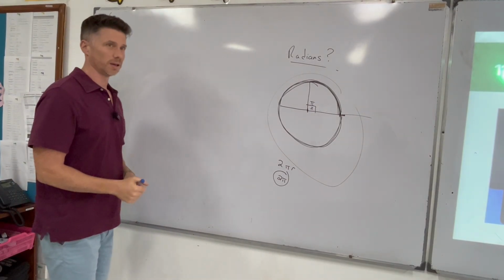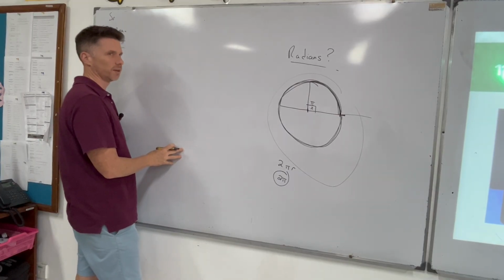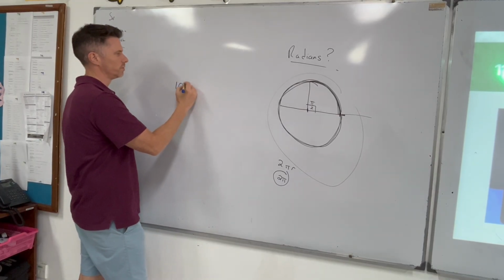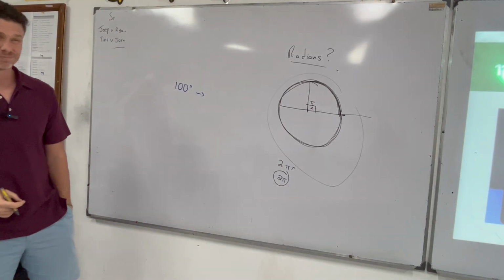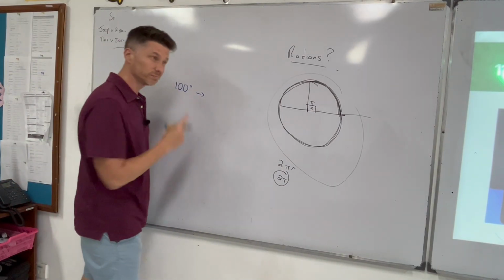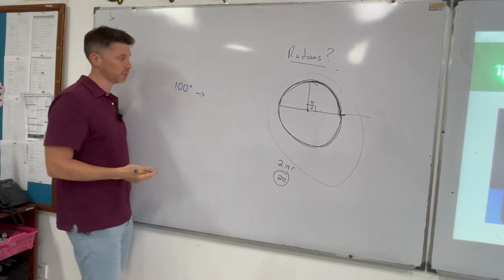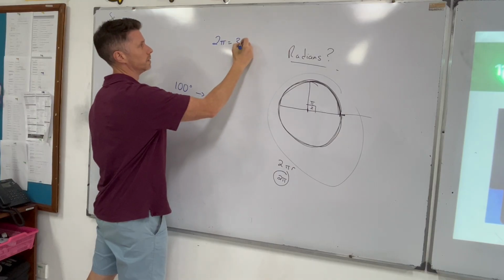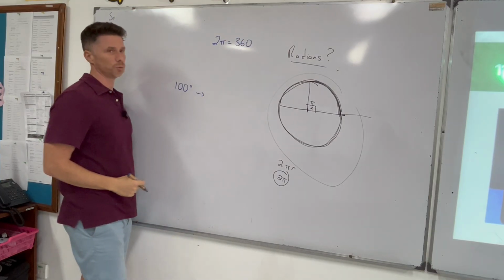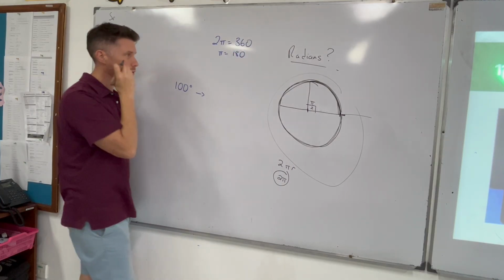If I have 100 degrees and I want to put that in radians, I multiply by pi divided by 180. You can think of pi and 180, or 2 pi and 360, because 2 pi is 360 degrees and pi is 180 degrees, so we can always work in that relationship.